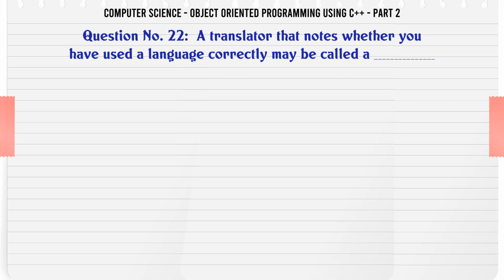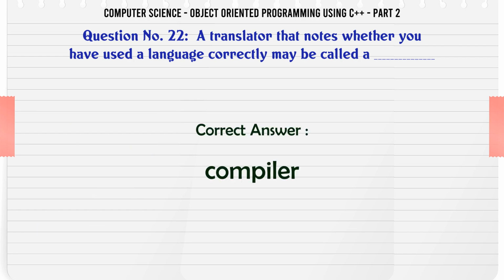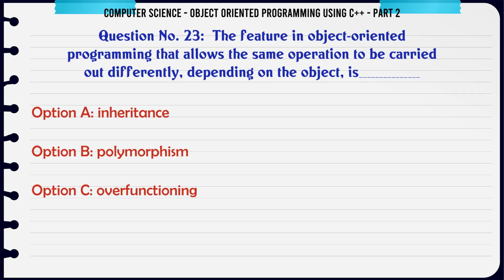A translator that notes whether you have used a language correctly may be called A. Thesaurus. B. Compiler. C. Coder. D. Decoder. The correct answer is compiler. The feature in object-oriented programming that allows the same operation to be carried out differently depending on the object is A. Inheritance.